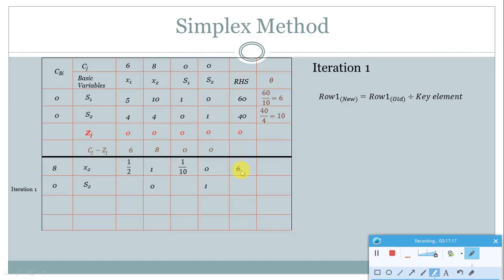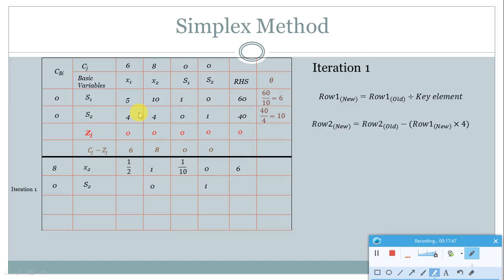The values of row 2 will be obtained by performing this operation, because we have to obtain here the value 0 and here 1. So the operation is row 2 new equal to row 2 old minus row 1 new multiplied by the multiplying factor 4.